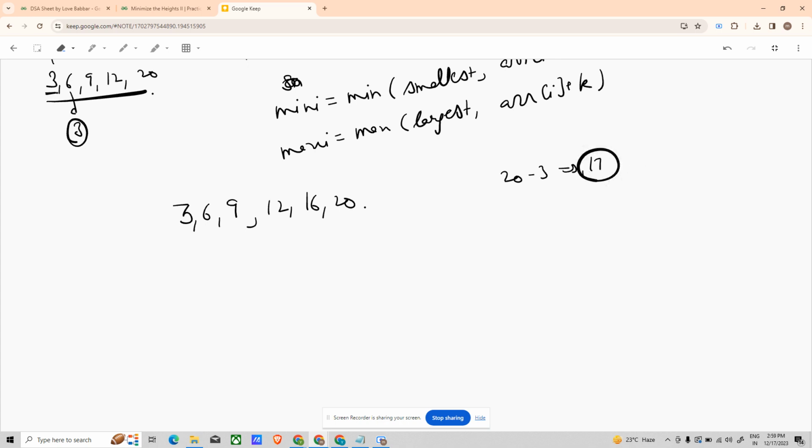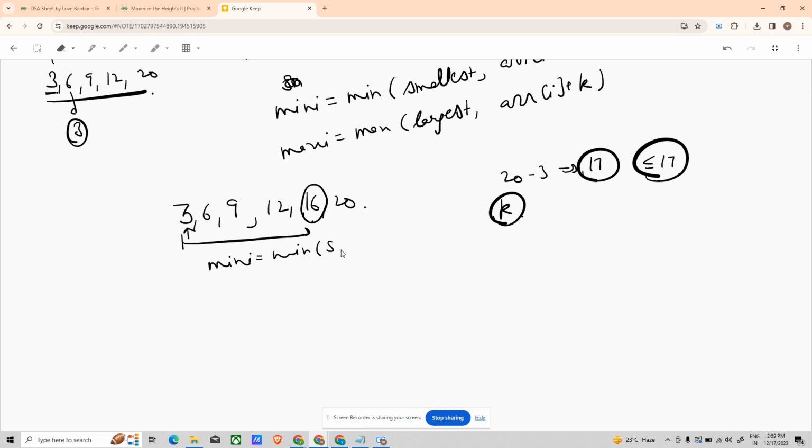Okay, we want an answer less than 17. All right, we have k in our hand. I am saying run a loop from here and go up till this index. Okay, at each index, like we are here, find a minimum which is the minimum of smallest and ARR of I plus 1 minus k.